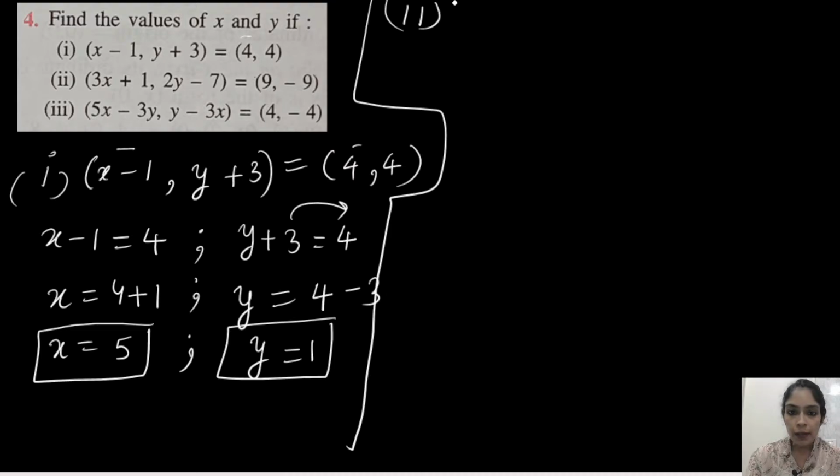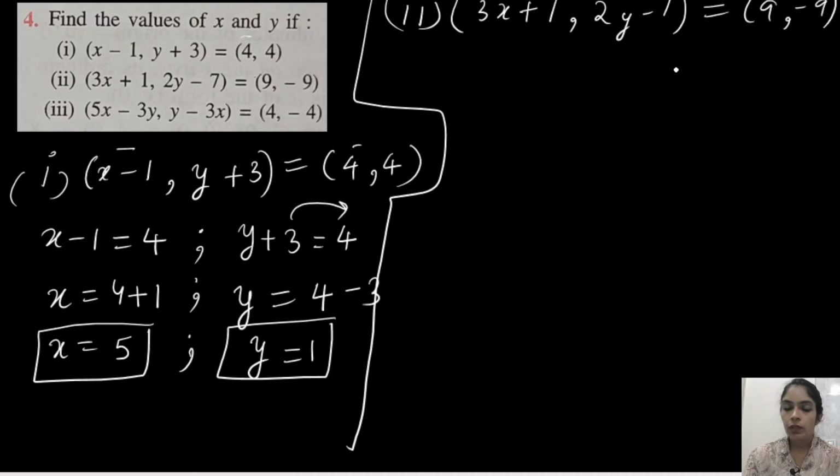So in the second part, 3x plus 1 comma 2y minus 7 is equal to 9 comma minus 9. So the coordinates are equal. If an ordered pair is equal, the first one is equal to the first one on the other side. So 3x plus 1 is equal to 9. We have to find the value of x.